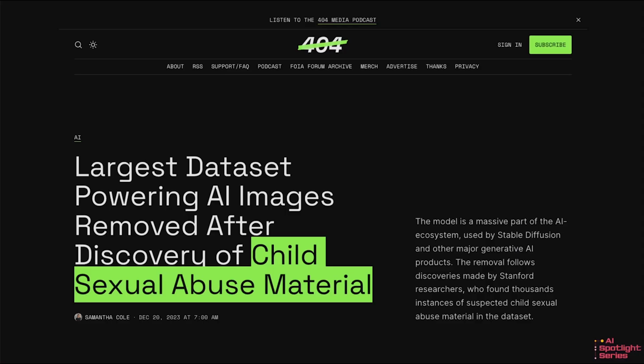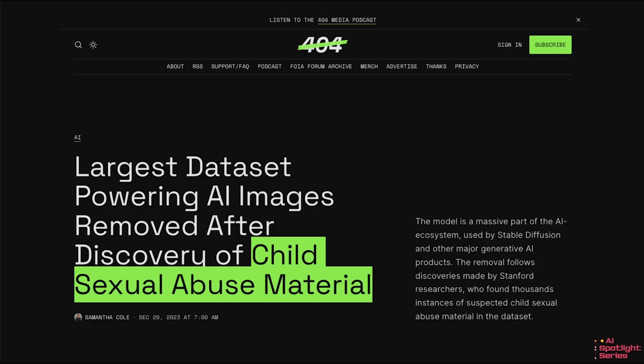And to underscore what I mean when I say that there's just a lot of trash in these data sets, there was a study that was actually done at Stanford University in 2023 where researchers analyzed an open source image dataset that had become really popular for training commercial image generation systems such as Stable Diffusion.